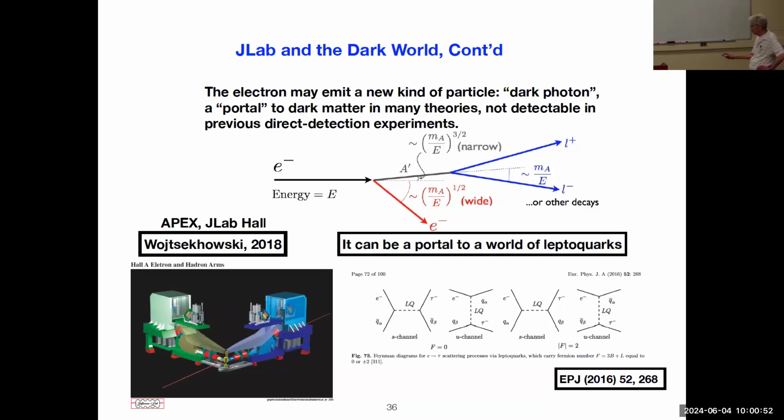It can also be a portal to the concept of leptoquarks, particles where you have vertices where you can produce a pair, which is a quark and a lepton. And that's really neat. There was a flurry of interest in that around the turn of the century.